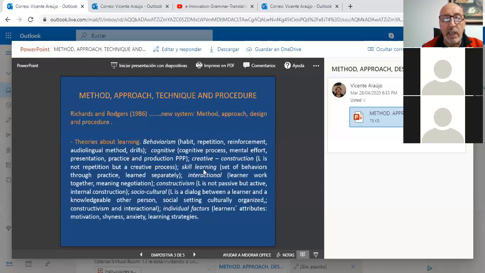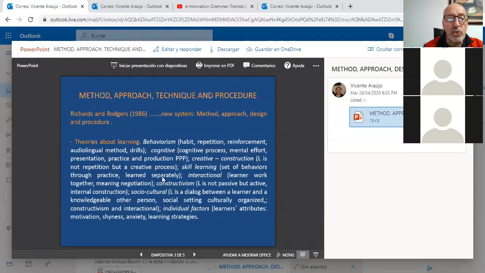Another theory is the skill learning theory. They say that in language learning, you learn skills. So what is that? A set of behaviors through practice. Not repetition, but behaviors. The way you behave with others. So you listen, you speak, you read, you write, you pronounce.